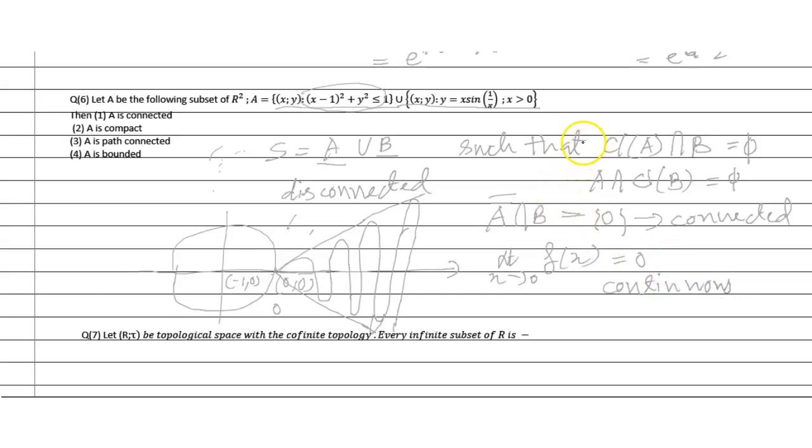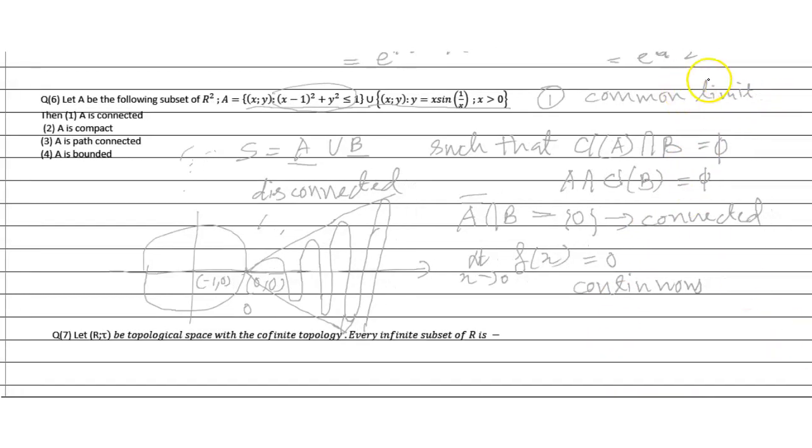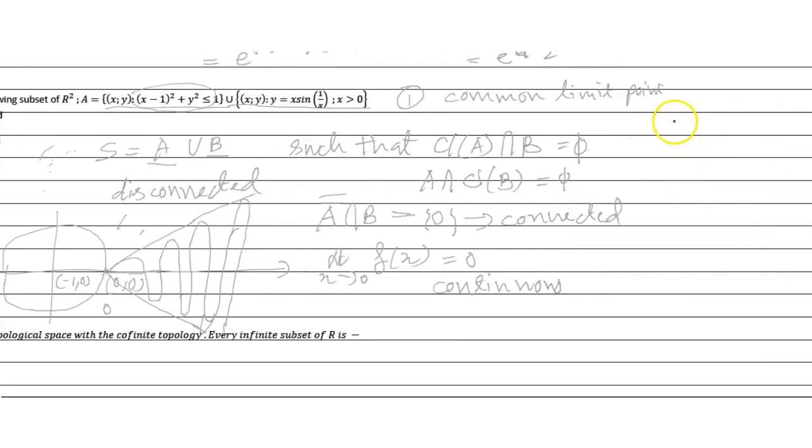So there are two facts. One is the common limit point. Common limit point is the key point, friends. Common limit point means connectedness.